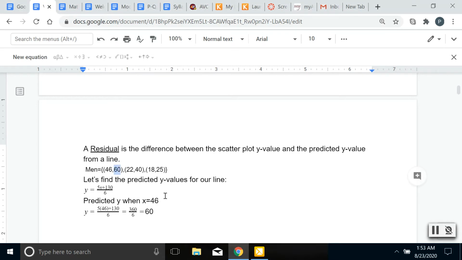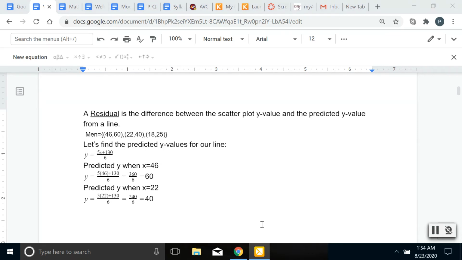Okay, let's do the 22 next, because that's the next age right here. I'm going to plug the 22 into our y equals 5x plus 130 over 6. Putting 22 in place of x, you'll have 5 times 22 plus 130 over 6. You can check: 5 times 22 is 110, plus 130 is 240, divided by 6 is 40.